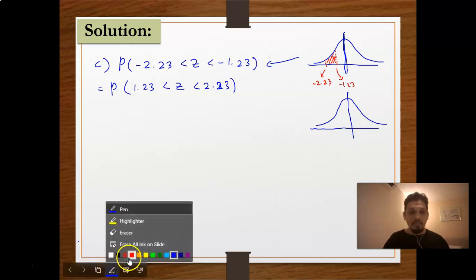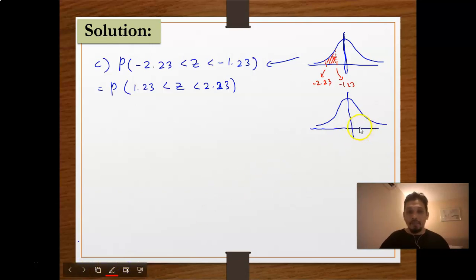This is 1.23, and this one here is 2.23.